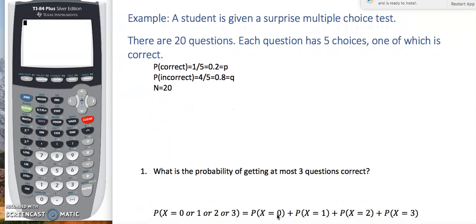So what we're actually trying to find here is the probability that x equals 0 or x equals 1 or 2 or 3. One way to do it is to use binomial PDF and add up all 4 of these probabilities. But you would have to calculate that 4 times, and it can be a little time consuming.